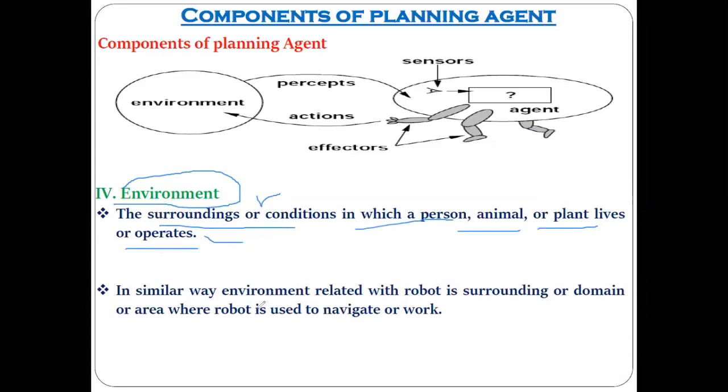In a similar way, the environment related to the robot or the AI agent is nothing but its surrounding or the domain or area where the robot is used to navigate. Navigate in the sense what? What do you mean by navigate?